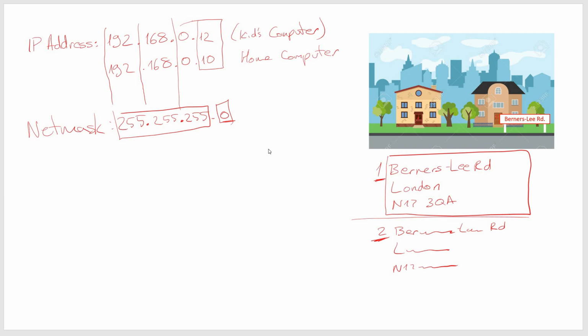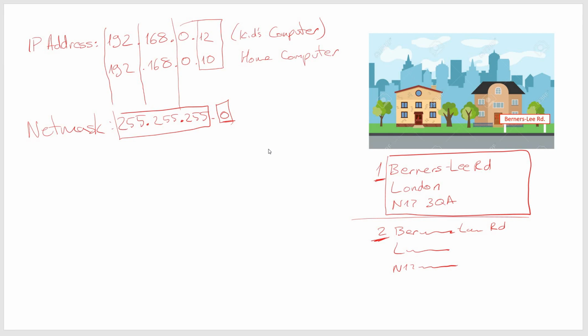If both of these two houses have the number 1 on their front doors, then the postman is going to be confused. And the same thing on a network. If both of these IP addresses were exactly the same, then the files being requested would get confused about where they need to go, which device or which computer.